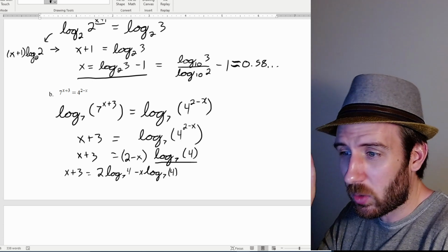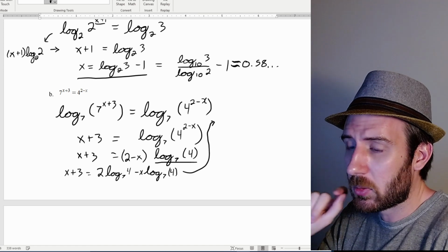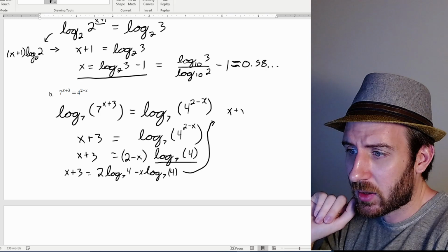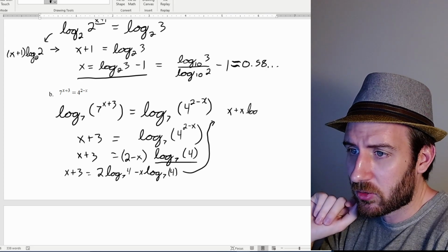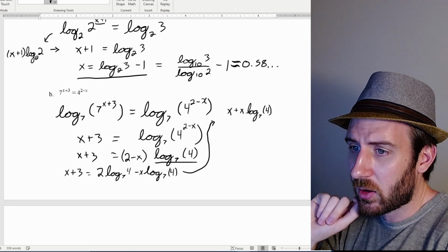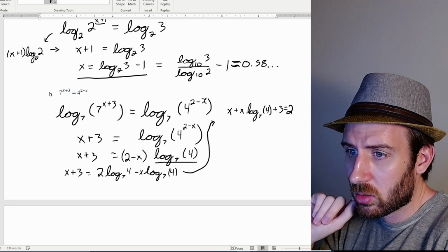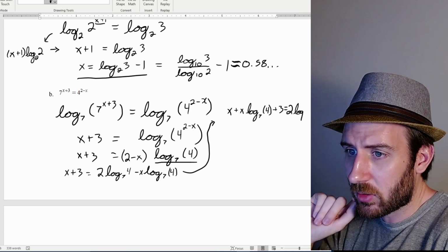Now I can get my x's on one side and all my numbers on the other. So x would stay on the left. I would add my x log base 7 of 4 to both sides. I would still have the plus 3 over there, and that would be equal to 2 log base 7 of 4.